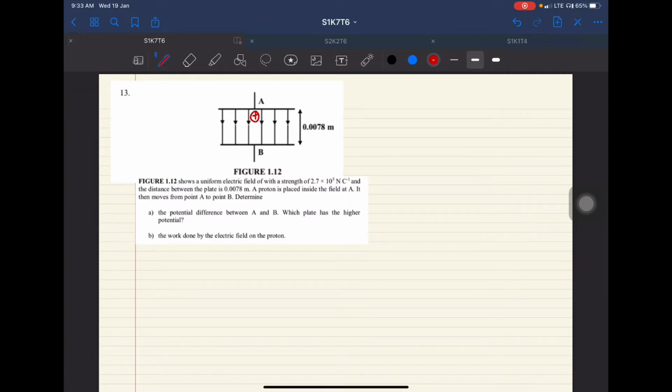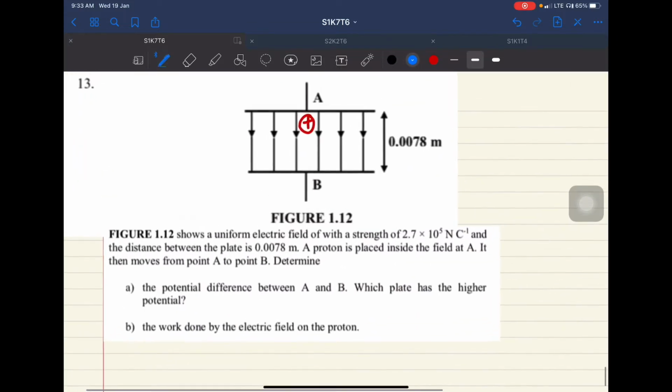Okay, first question, the potential difference between A and B, which plate has the higher potential? So they just want you to state which one has the higher potential. You can follow the direction of electric field. So E is pointing downwards.